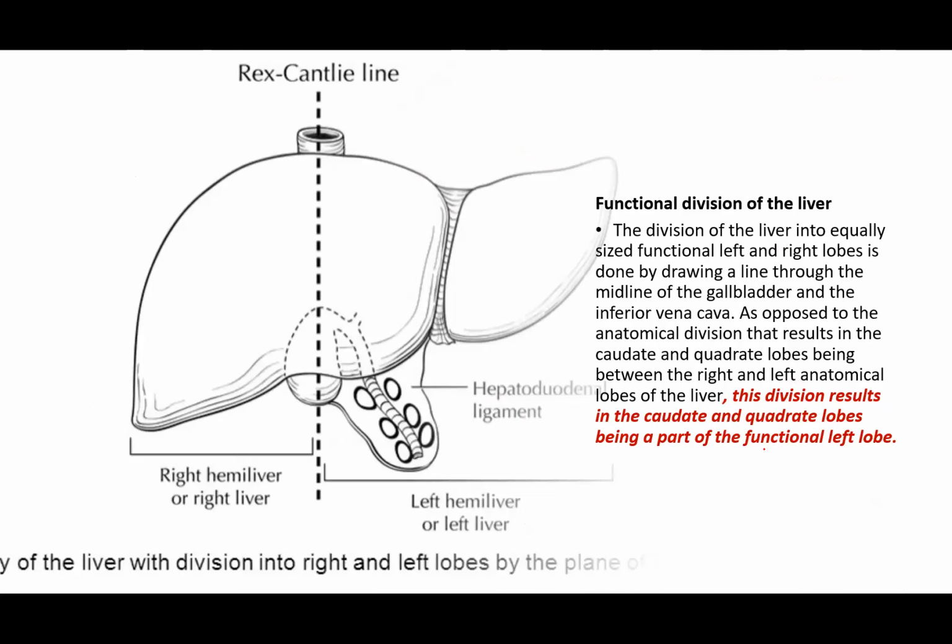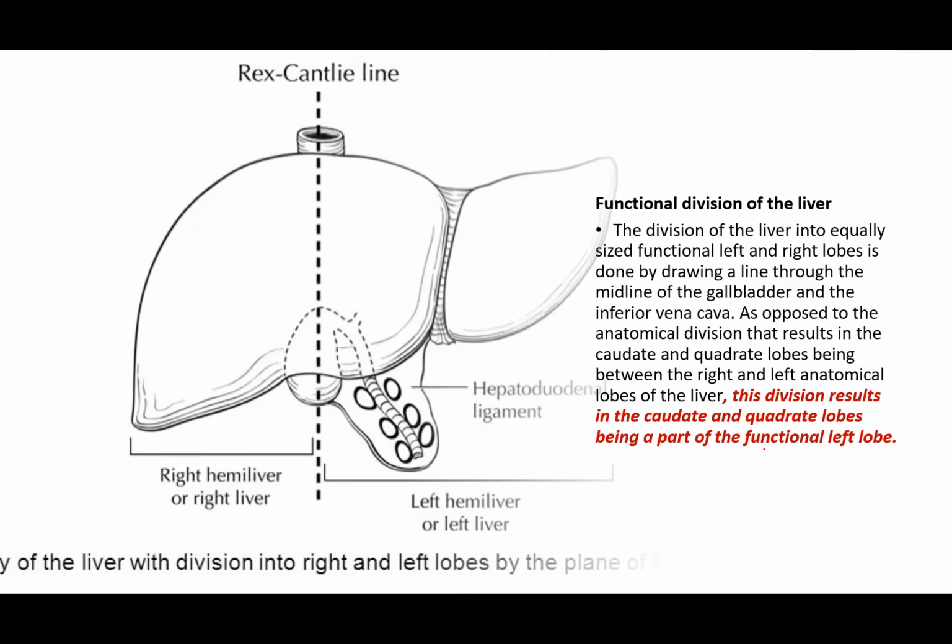Now, all what we saw is the functional and structural anatomy, or the anatomical lobes of the liver. Now we'll talk about the functional division of the liver.